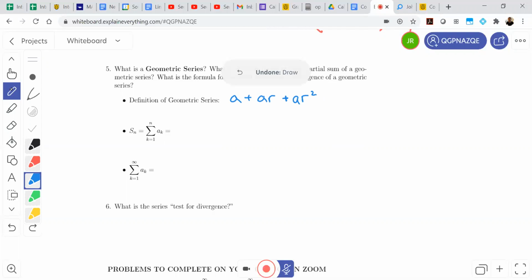This is sort of a general formula for these: a plus a times r plus a times r squared plus a times r cubed plus dot, dot, dot. Formally, we can write this as the sum as k goes from 1 to infinity of a times r to the k minus 1.